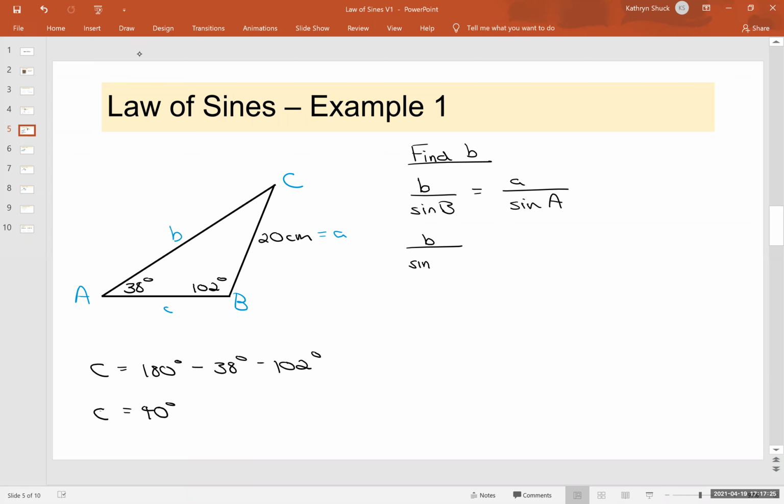I know capital B, that's 102 degrees. That equals 20 centimeters, that's side a, over sine of angle A, so that's the sine of 38 degrees. Okay, so everything's known except for side b. So I solve for b.